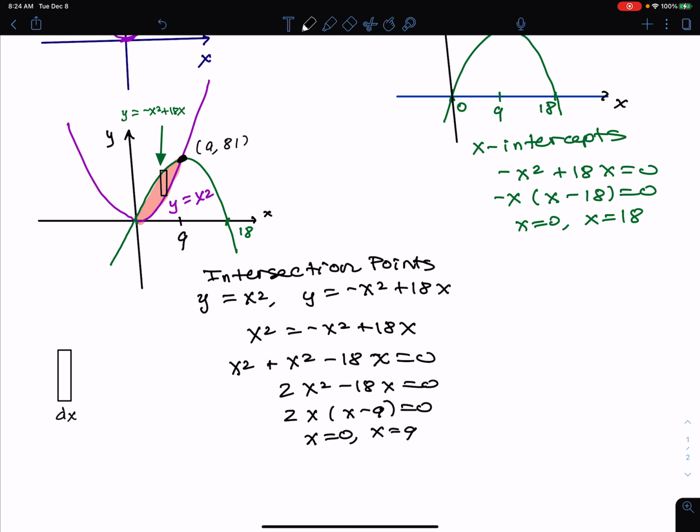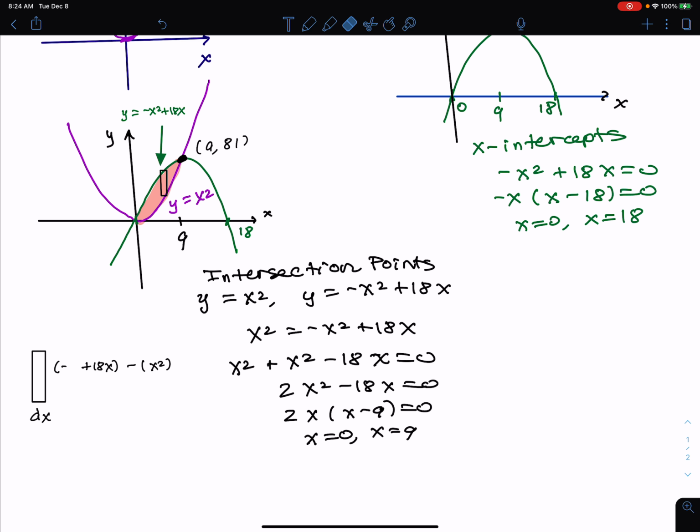And then the top function is negative x squared plus 18x, and the bottom function is x squared. So you subtract to get that height is the top minus the bottom. The problem is my writing is a little bit messy, but that's the height of that.